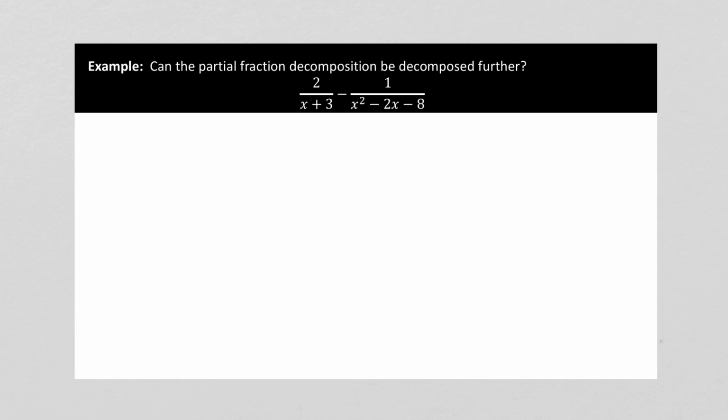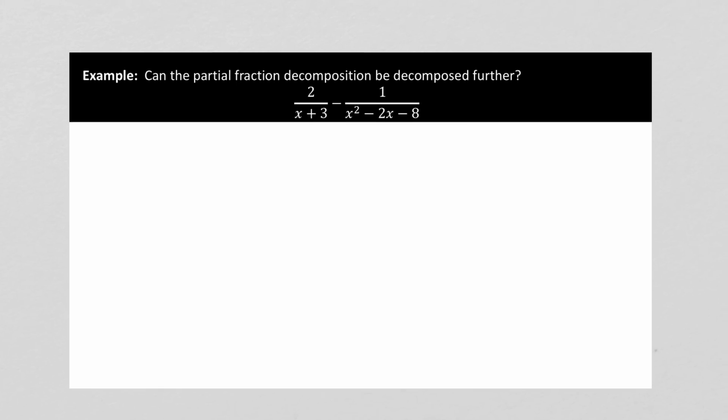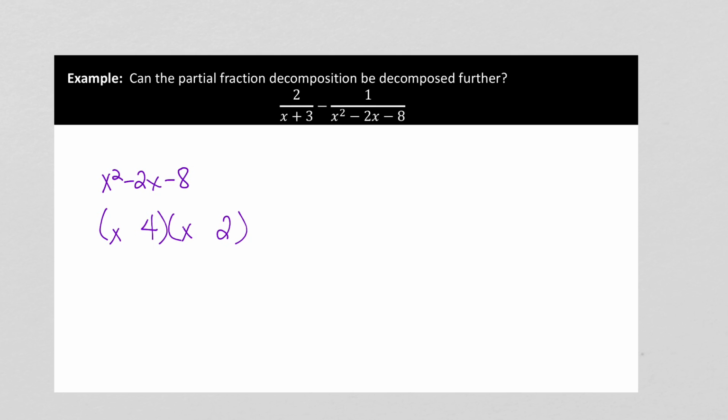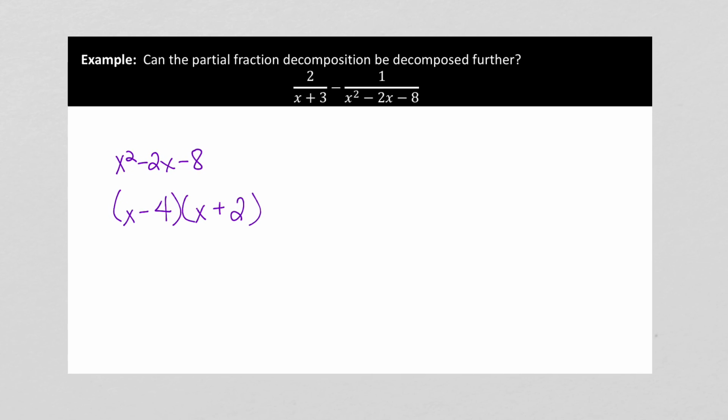So x plus 3 is obviously already factored. We need to look at x squared minus 2x minus 8 and decide, will that factor? So let's see. 4 and 2 would give us 8. If we make the 4 negative and the 2 positive, that would multiply to be negative 8 and add to be negative 2. So it does factor.